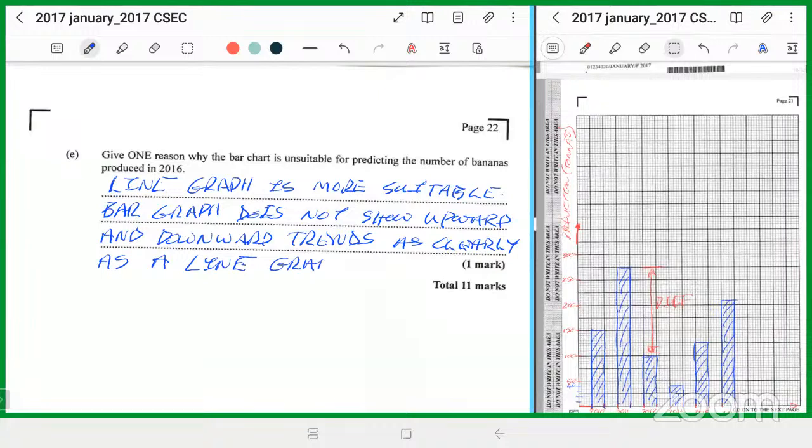That's the reason. Because the line graph shows upward and downward trends more clearly.